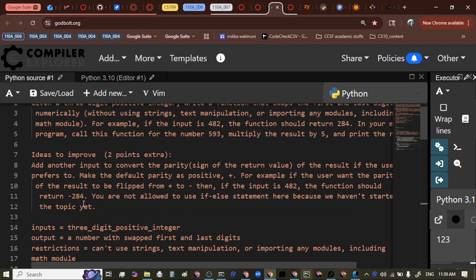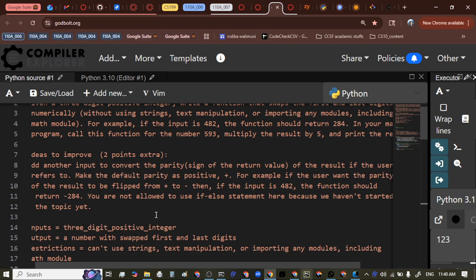It's saying add another input to convert the parity. We call the parity the sign before a number, so basically the sign of the return value, the result, if the user prefers.